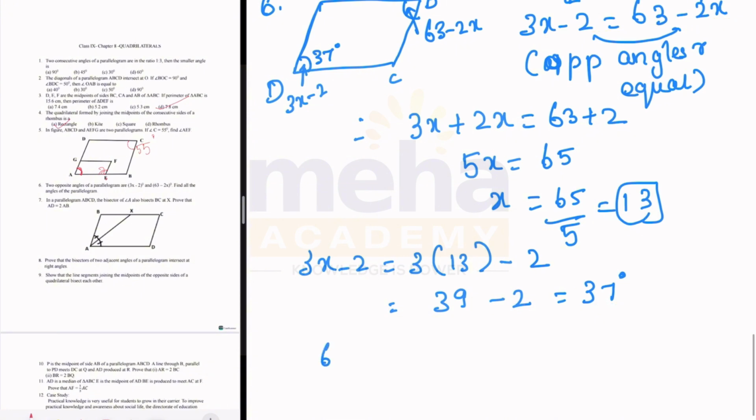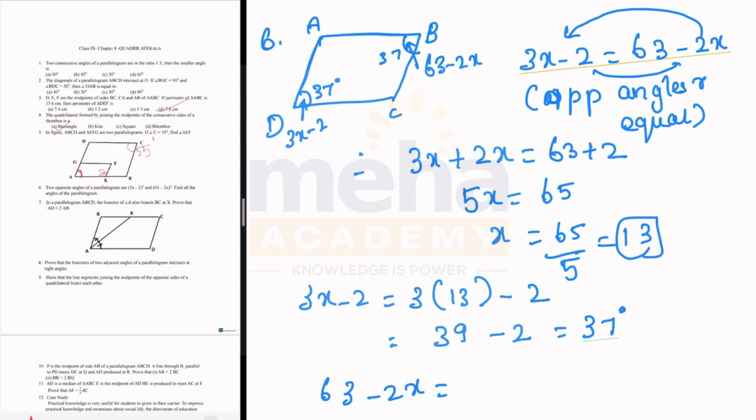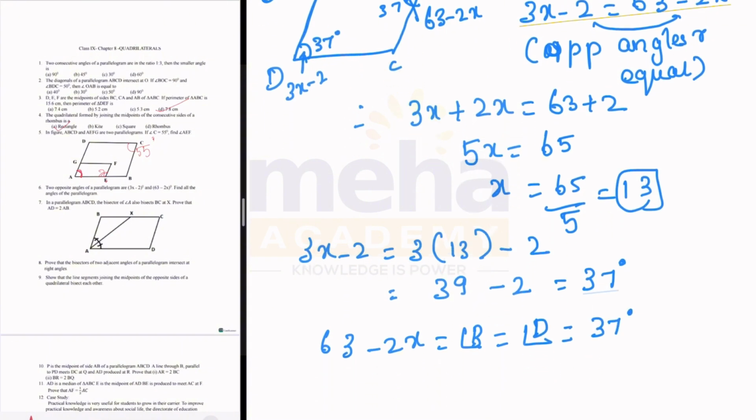Then 63 minus 2x, both the angles are the same. So this angle also will be 37. 63 minus 2x is nothing but angle B, which is equal to angle D, because opposite angles are equal in a parallelogram. That will also be equal to 37. So how to find angle C?